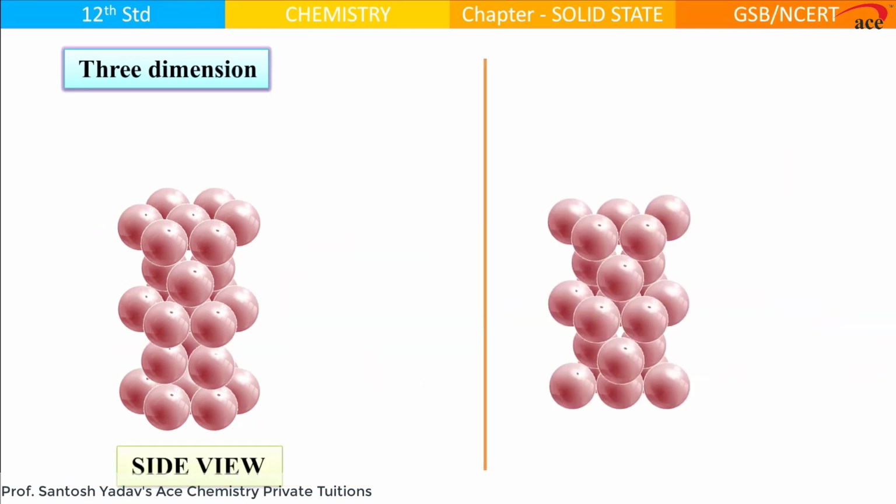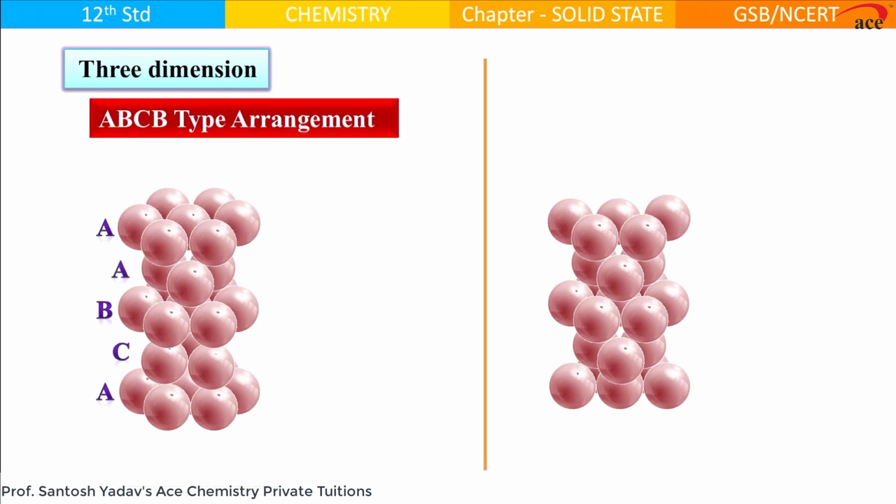Now, these are the two diagrams that we have drawn to show. Now, this is a new type, ABC type of arrangement.